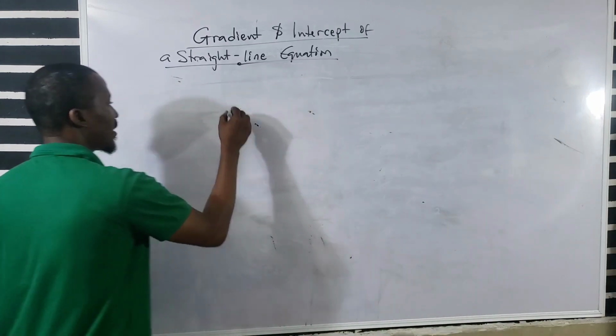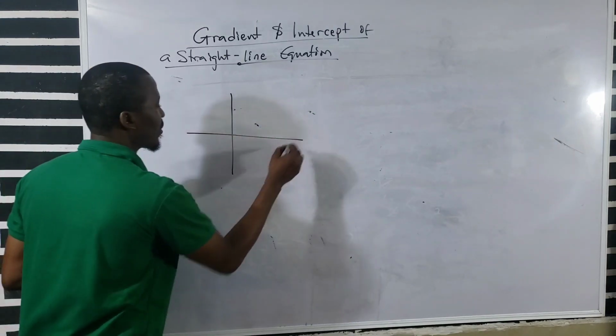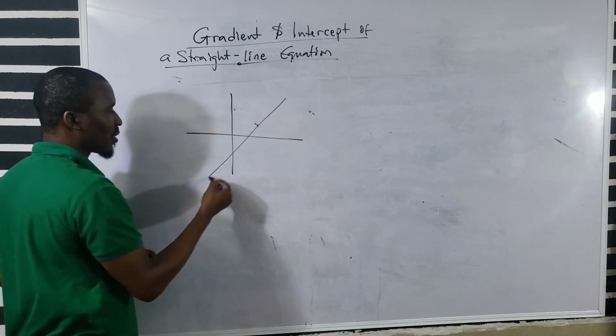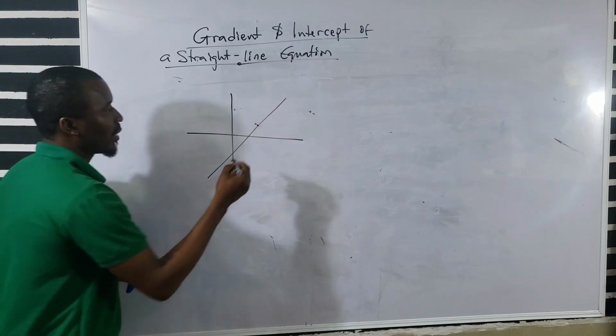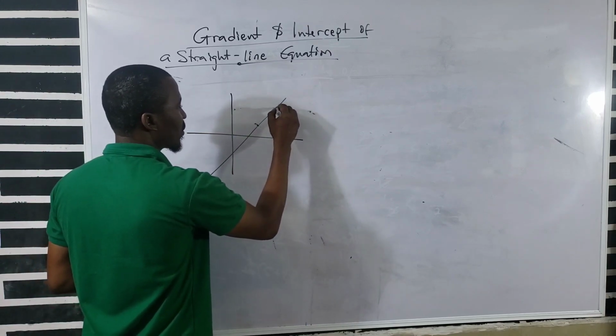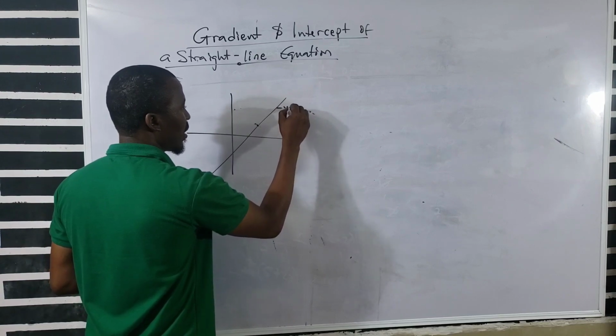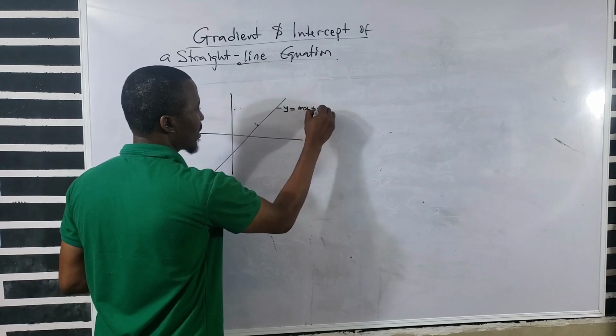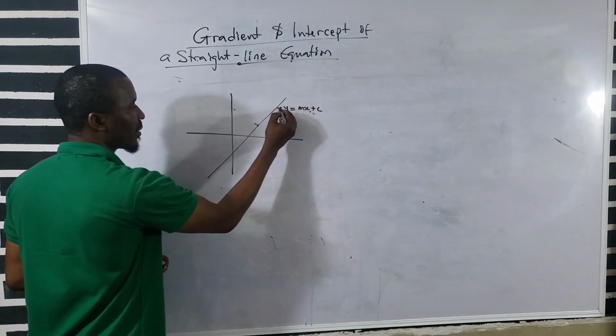When you have a straight line graph of this nature, okay, so you plot your straight line graph of this nature. Let's say, for example, this is your straight line. So let's take it as y equals mx plus c. So this is your straight line.